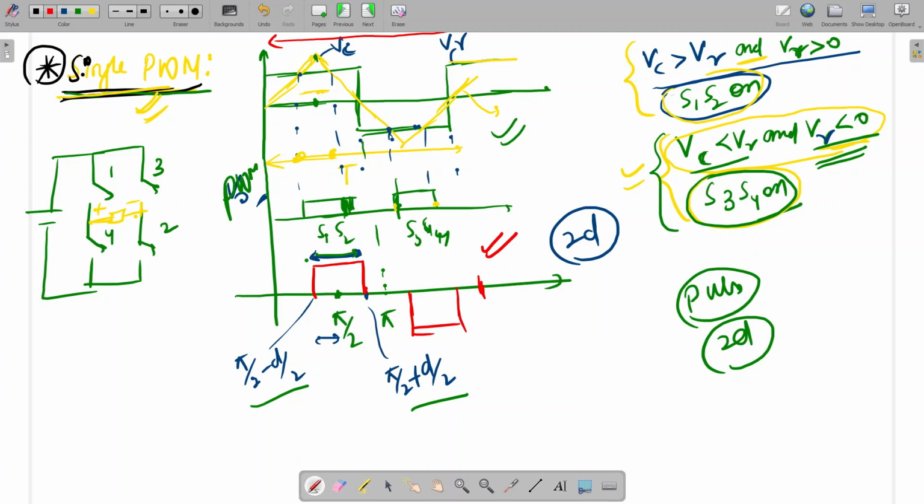Is it clear? This is called single PWM. What will be the value? I am calling this pulse width 2d. This total width I am assuming as 2d. This is pi, this is 2 pi. So what will be this mid value?